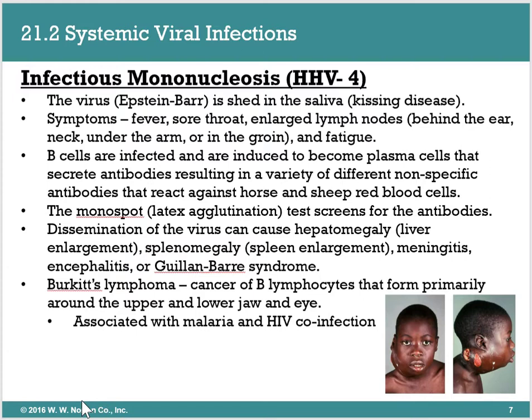in the neck region. So what happens with this virus is that the B cells are infected, and then they're induced, and they become plasma cells. Those plasma cells will start secreting antibodies that will be non-specific and will react against pretty much anything.